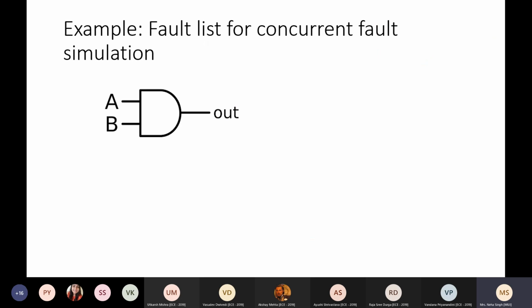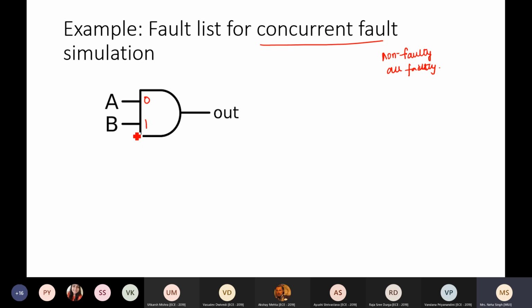So first we look into how we write the fault list for concurrent fault simulation. When I say we are doing concurrent fault simulation, तो इसका मतलब मेरे पास एक non-faulty circuit होना चाहिए और उसके साथ all possible faulty circuits होने चाहिए, right? Let us say we have a two input AND gate and the actual inputs to this AND gate are 0 and 1.